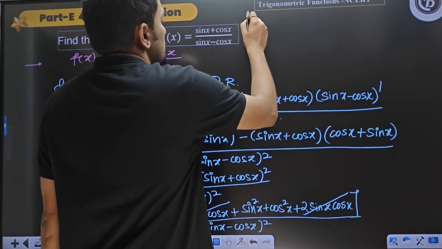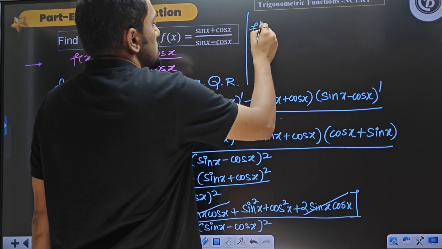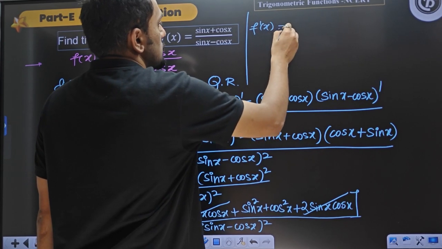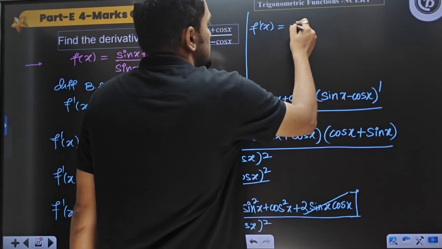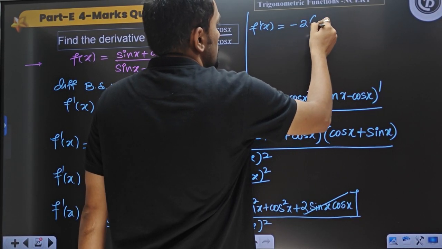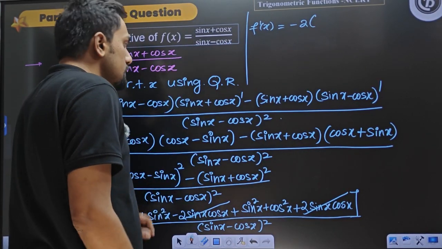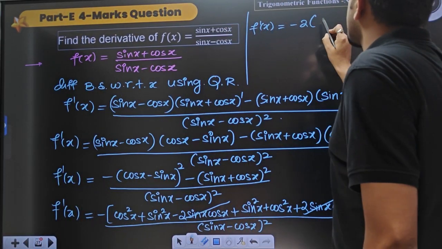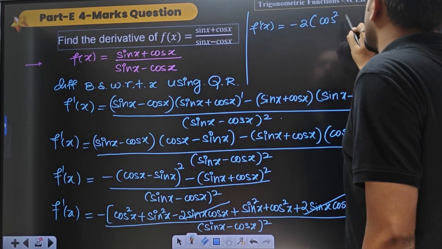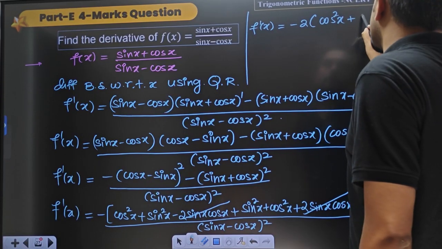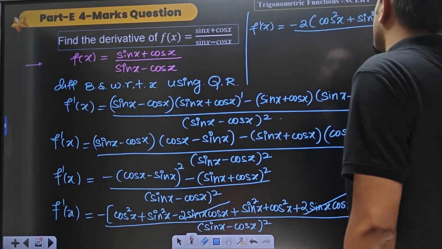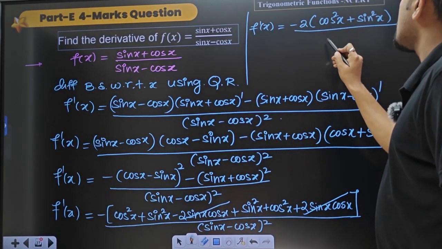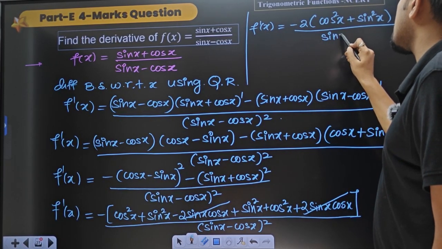So f dash of x is equals to, minus is outside, so minus as it is. Taking 2 common, what remains is cos square x plus sin square x divided by sin x minus cos x whole square.